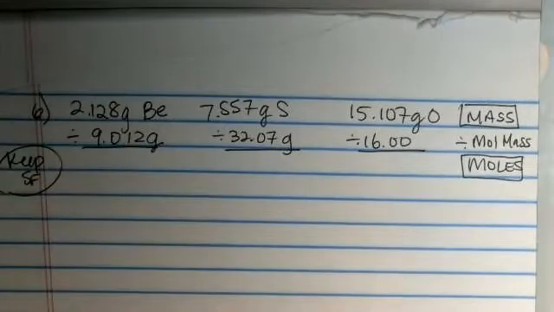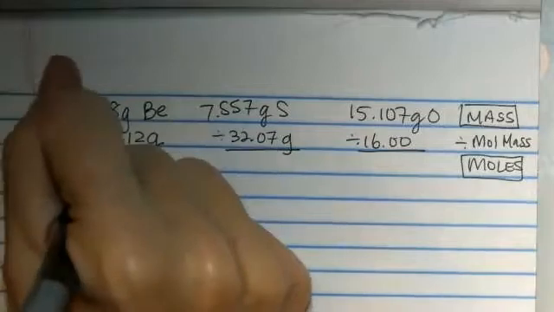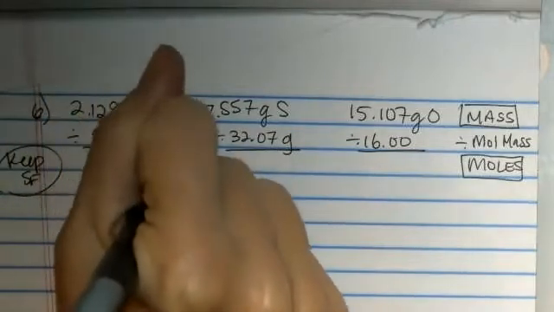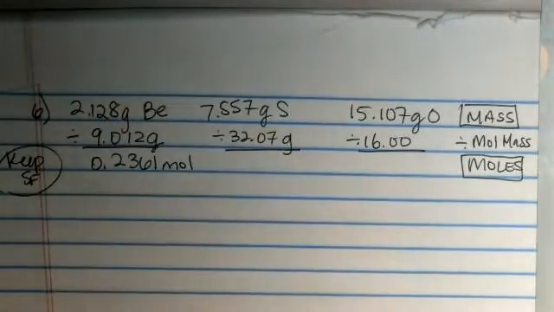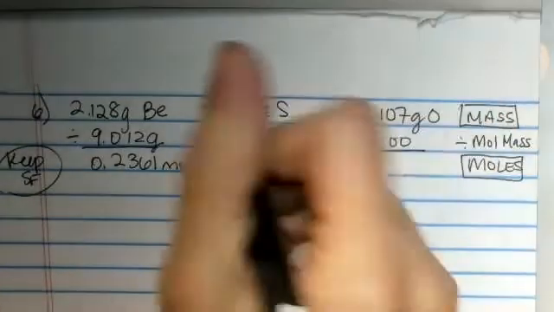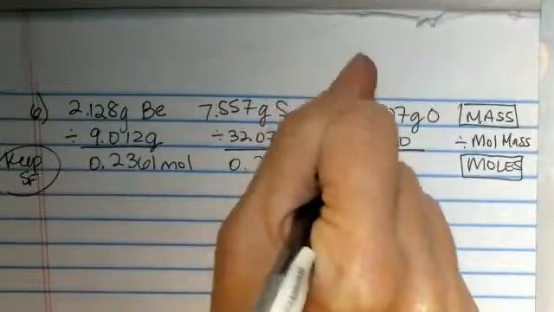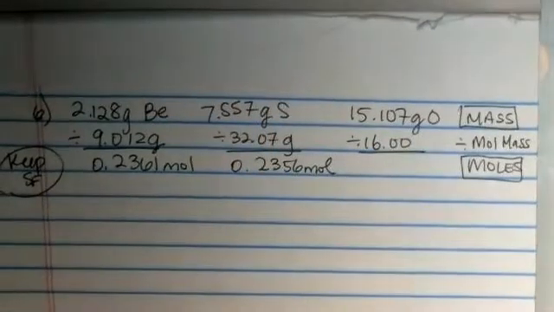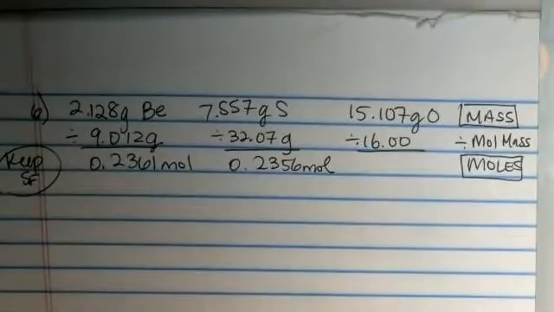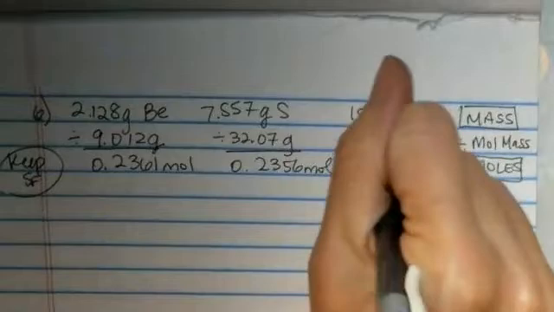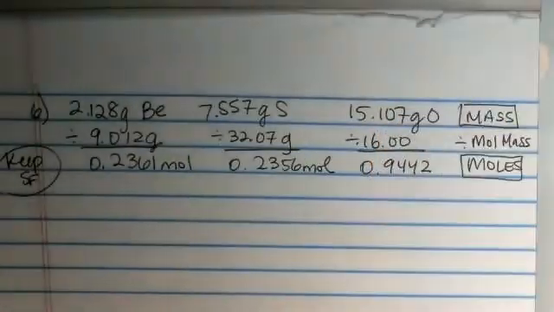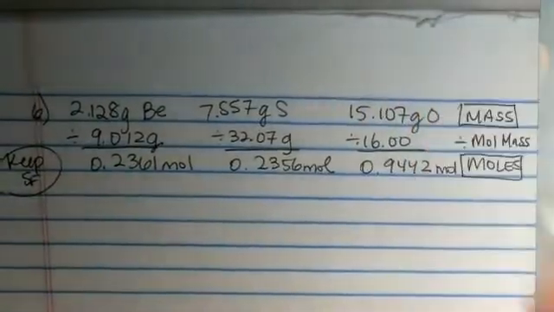So 2.128 for the beryllium divided by 9.012, I get 0.2361 moles of beryllium. For the sulfur, 7.557 divided by 32.07, I get 0.2356 moles. And then for the oxygen, 15.107 divided by 16.00, I get 0.9442. All right, and that would be my moles of each of those elements.